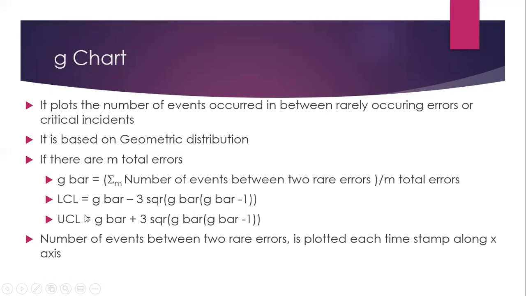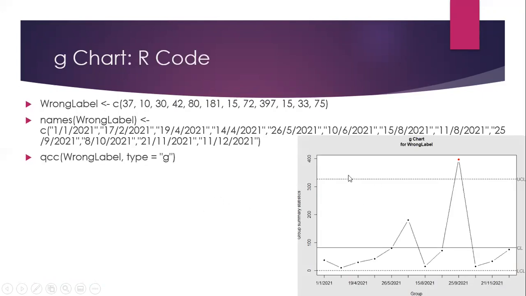We can get lower and upper control limits, and the number of events between two rare errors is plotted each time with timestamp along the x-axis. So this is the illustration of the G chart. These are the error-free runs in between the errors, and these are plotted along with the timestamp along the x-axis.